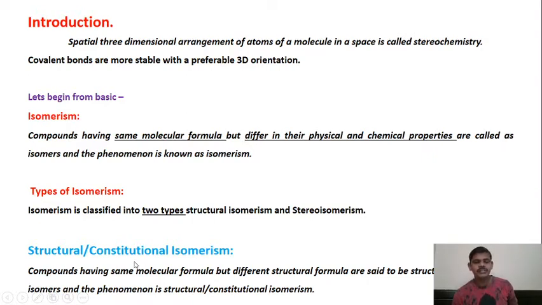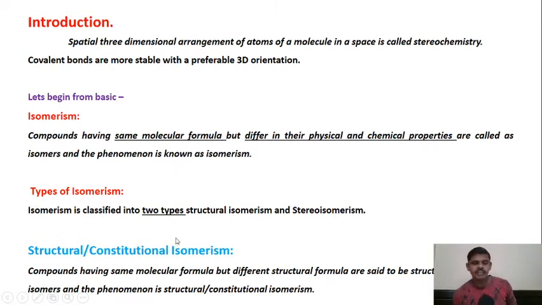The compounds having the same molecular formula but different structural formulas are said to be structural or constitutional isomers. What is peculiar here? The molecular formula is the same but the structural formulas are different, and the phenomenon is known as structural or constitutional isomerism.